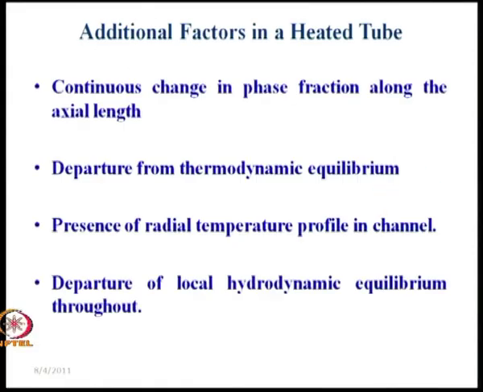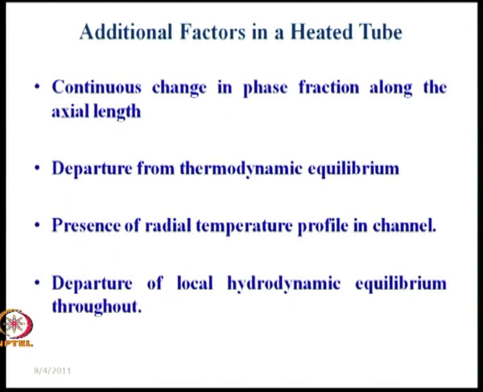That means the presence of an asymmetric temperature profile, and then the other factors: continuous change in phase fraction along the axial length, departure from thermodynamic equilibrium, departure from local hydrodynamic equilibrium, presence of radial temperature profile. In addition to this, gravity also sets in, and therefore, it adds to the asymmetry of the flow situation.